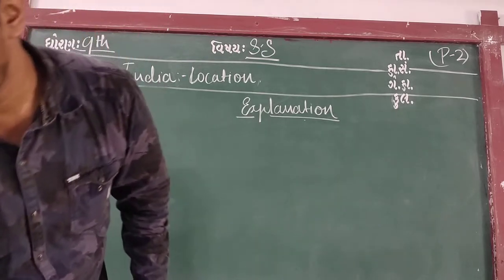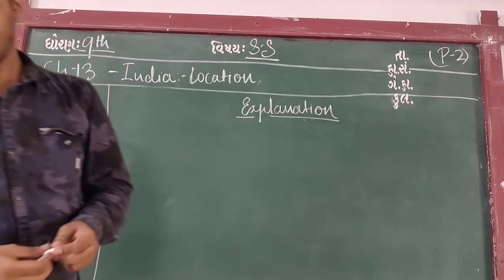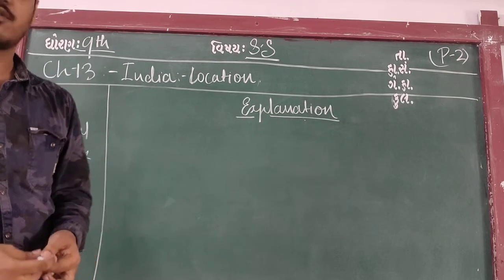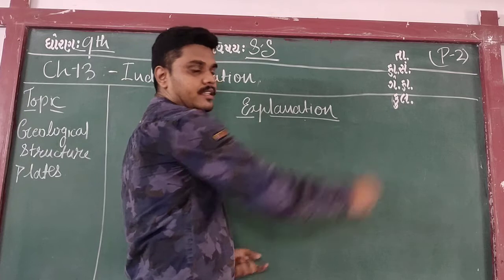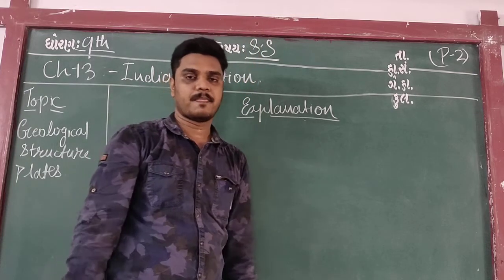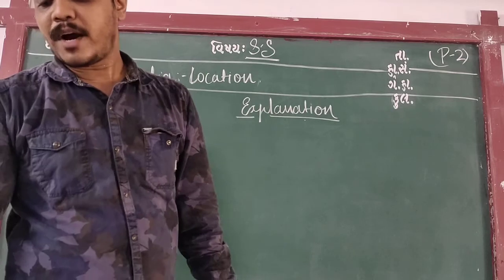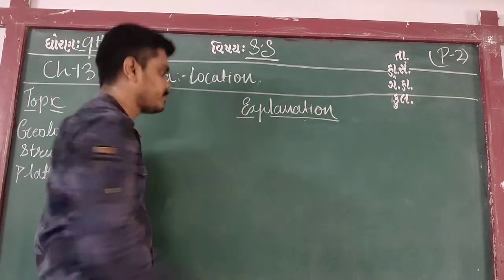Now we'll discuss, when they drift away, landscapes and oceans are created. I explained here, when they drift away, oceans are created and landscapes are created. India was a part of an ancient landmass called Gondwana land.